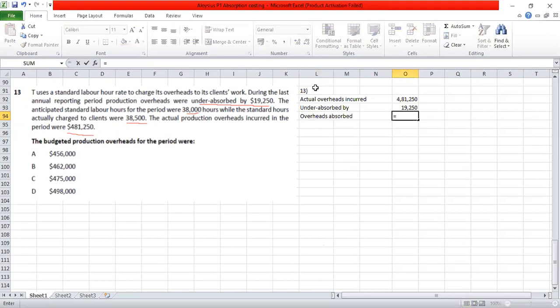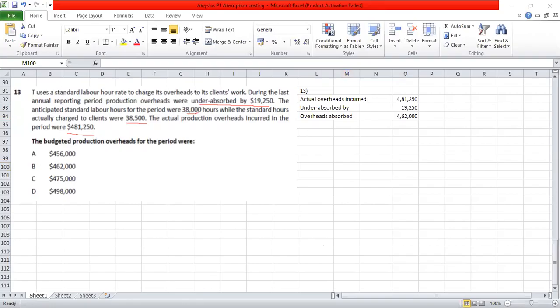So they have charged less amount by 19,250. How much were they supposed to charge? 481,250 according to the actual, but they ended up charging less. That's why it's under absorbed. So how much did they charge? They charged 462,000 only. The question is asking us what should be the budgeted production overheads for the period.